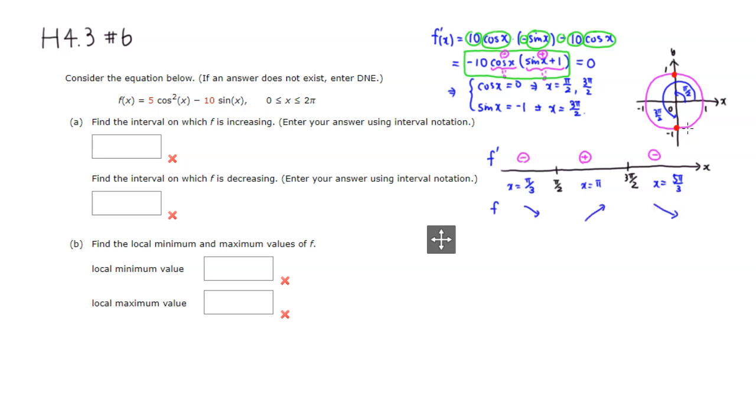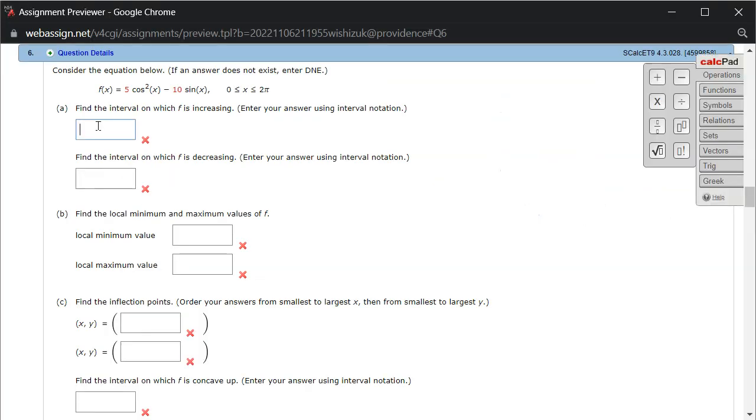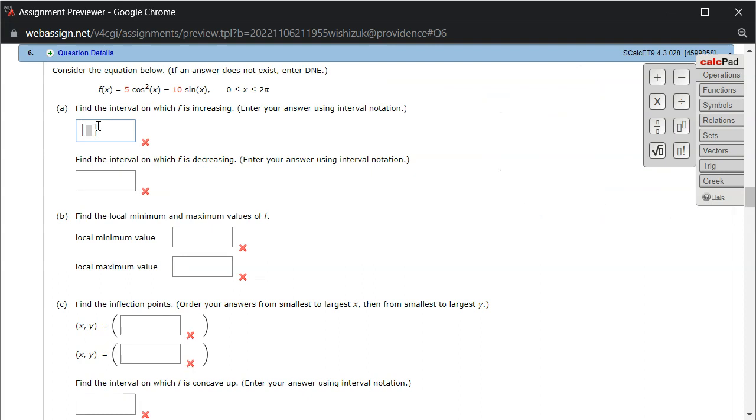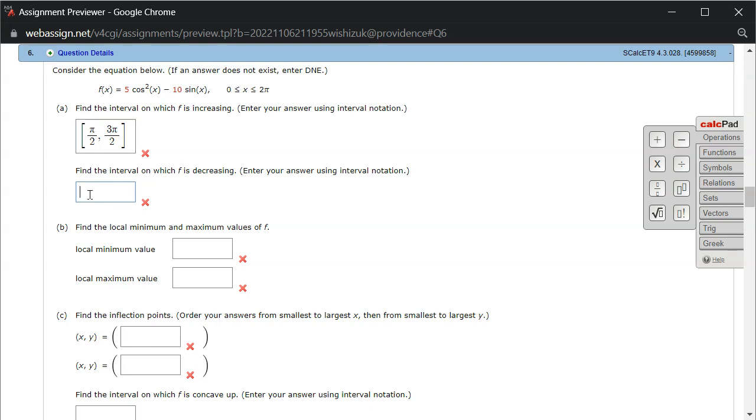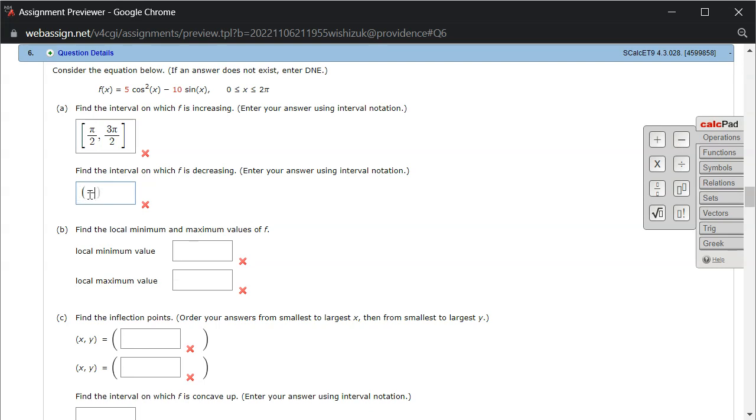So it's increasing between pi over 2 and 3 pi over 2. Let's type it in. Increasing between pi over 2 and 3 pi over 2, and decreasing is everywhere else, so it's going to be negative infinity to pi over 2.